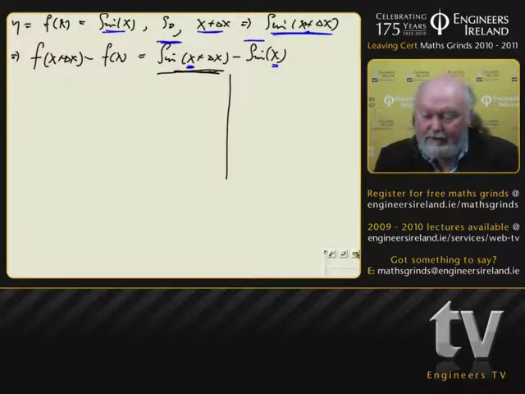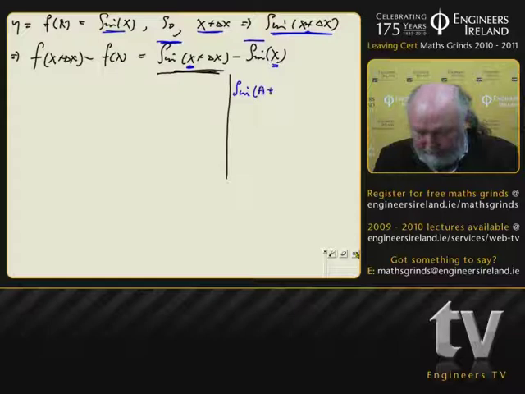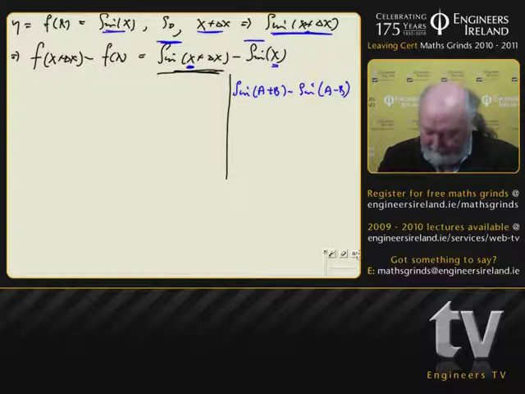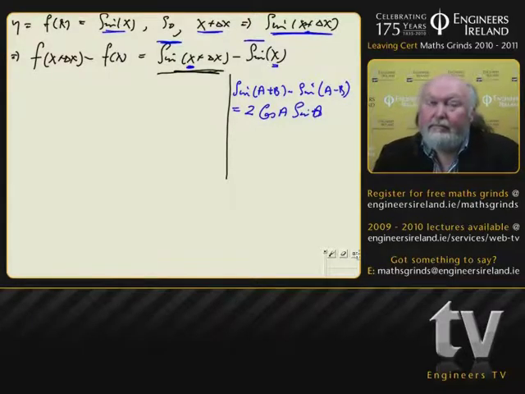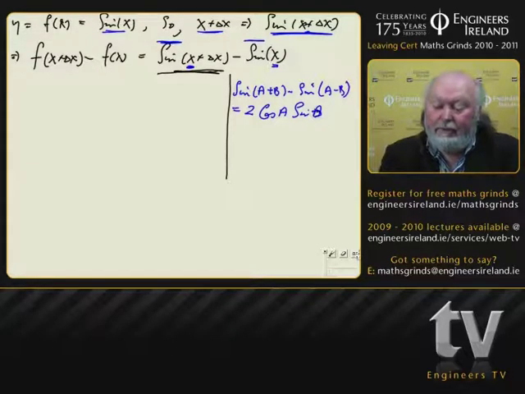And what you find is sine of A plus B. You'll find that guy. And you're told that it's 2 cos A sine B. Now then, how do we proceed?